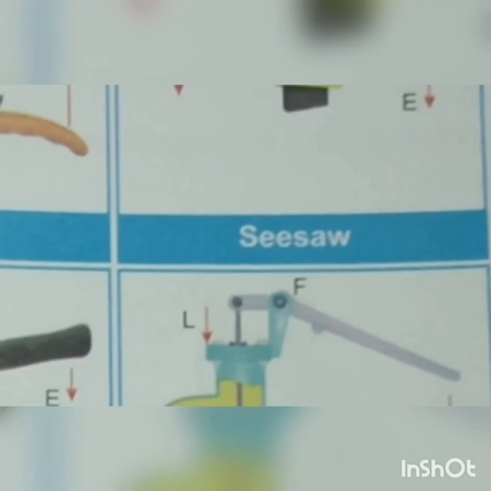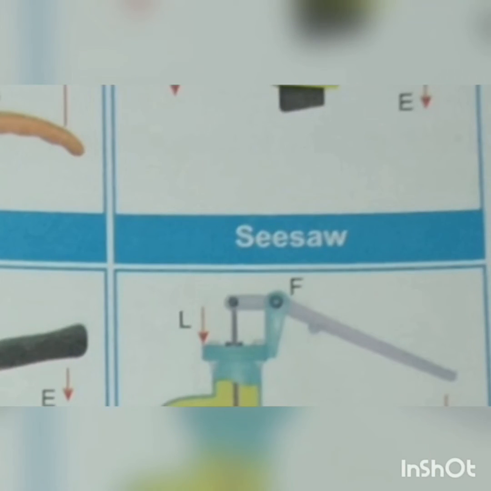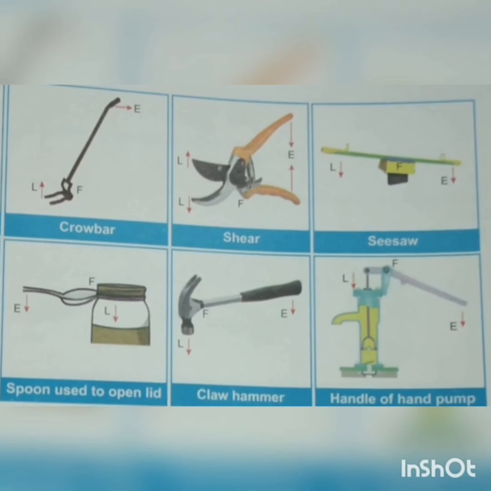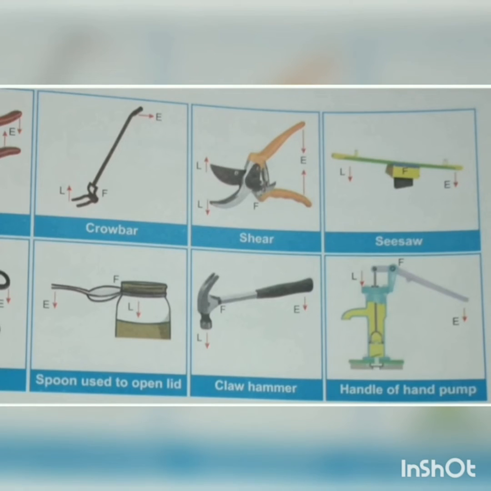And in shear and seesaw, you also see that the fulcrum is between the load and effort. That's why it is the class 1 lever. Okay, in class 1 lever, MA is less than 1, equal to 1 and greater than 1. All conditions are applicable for this.